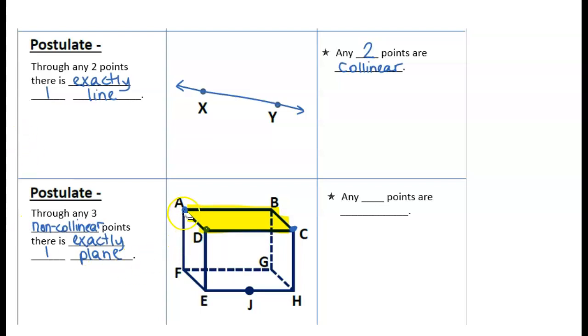Some people in class ask, well, Ms. Belsick, what about planes that are not making up a side of the box? So they ask about maybe point A and point D and point H or something like that. And the answer is that yes, those are 3 non-collinear points, and there's still exactly one plane that goes through them.